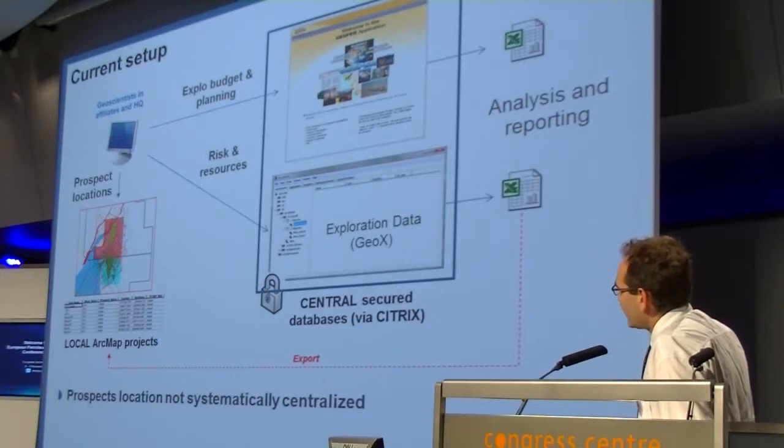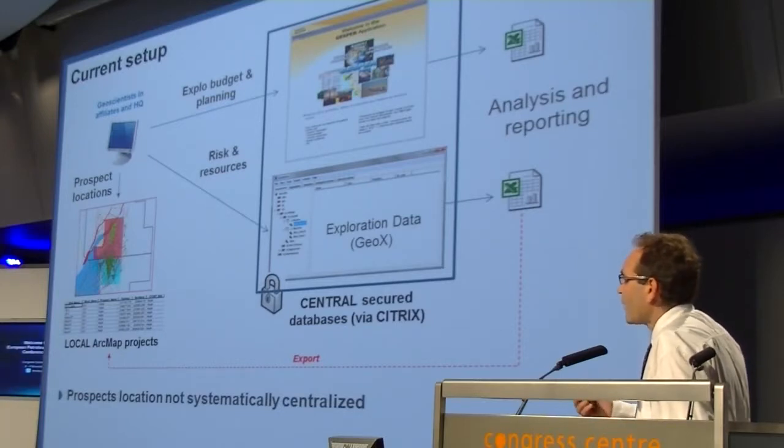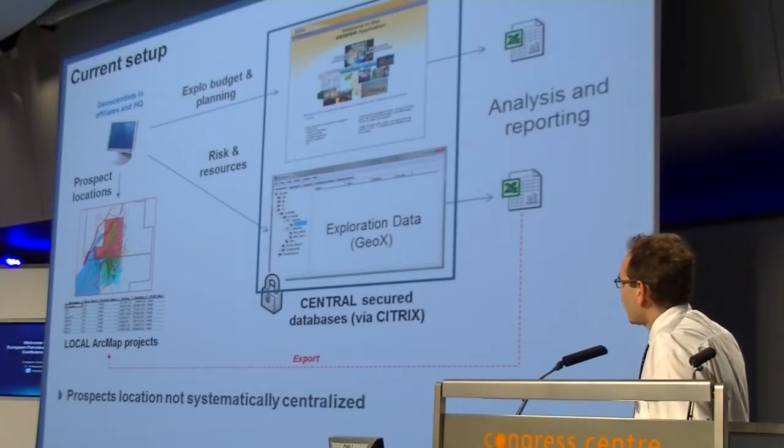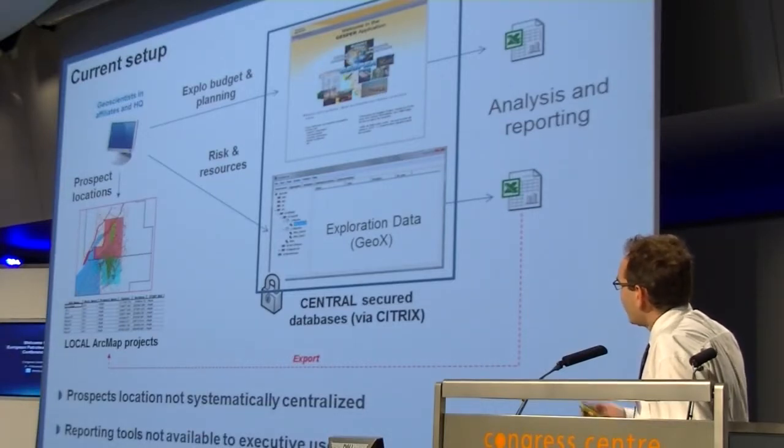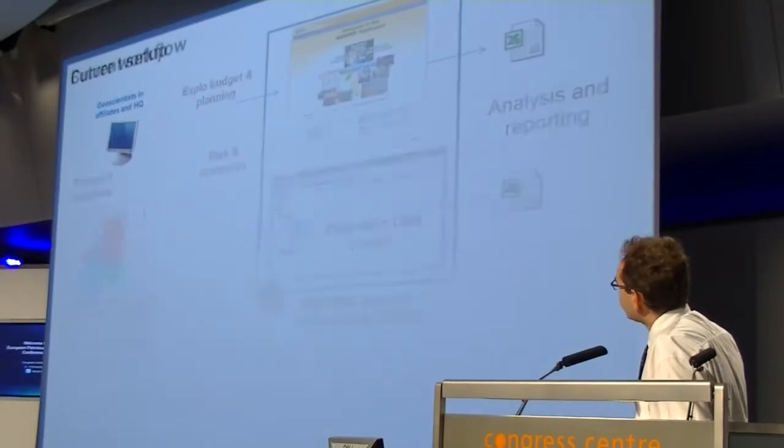The problem is prospect locations are not systematically centralized, so we don't know where the prospects are, so it's hard for us to QC and really challenge sometimes the affiliates on the coherency of data. And reporting tools are not available for executive users.